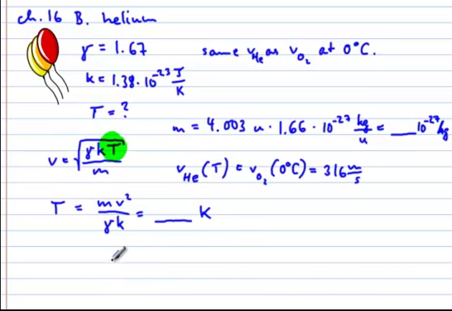In any case, look at the equation that we use, V equals the square root of gamma kT divided by mass, and notice that the mass of helium, the atomic mass, is much smaller than that of oxygen. So for helium it's roughly 4. For oxygen it's 32.